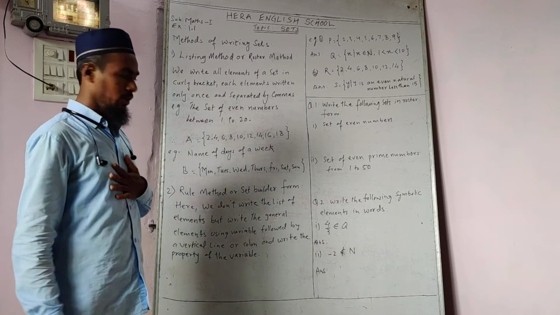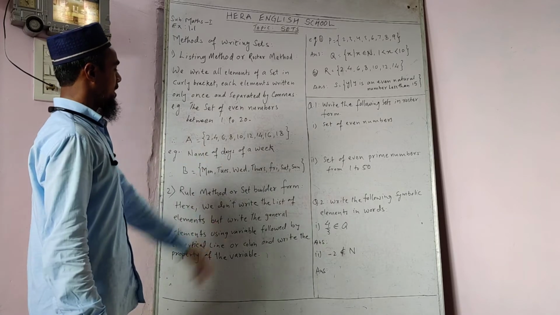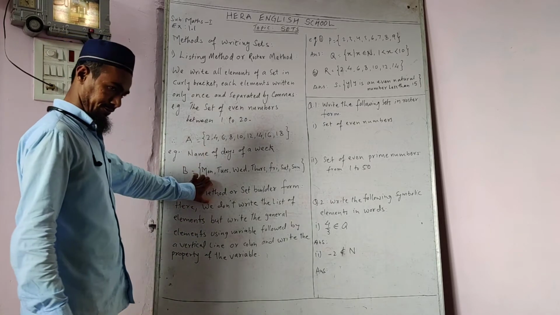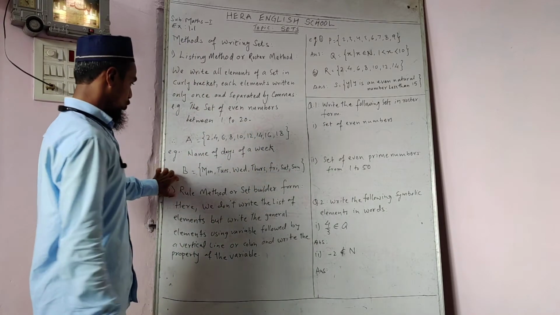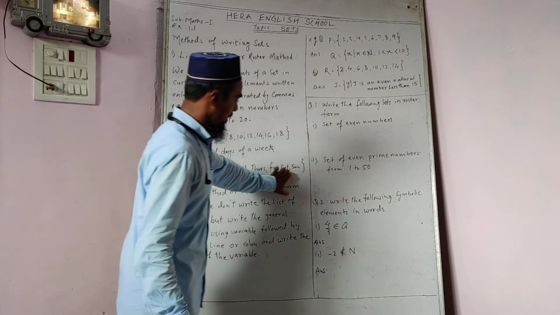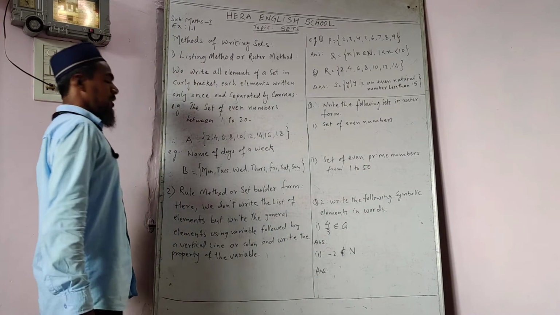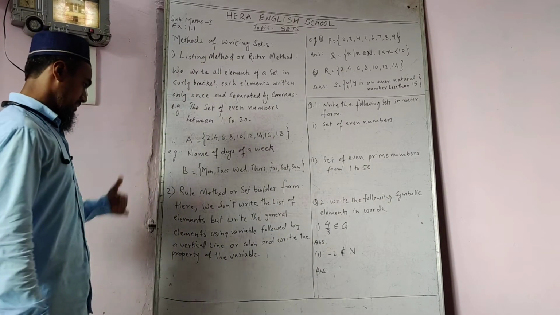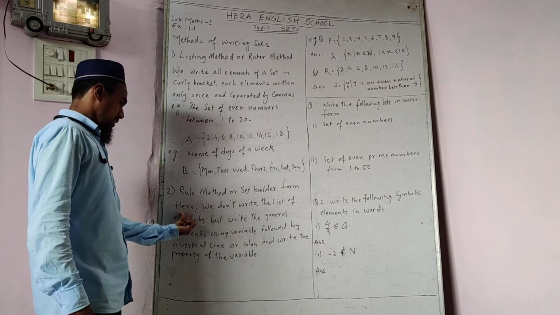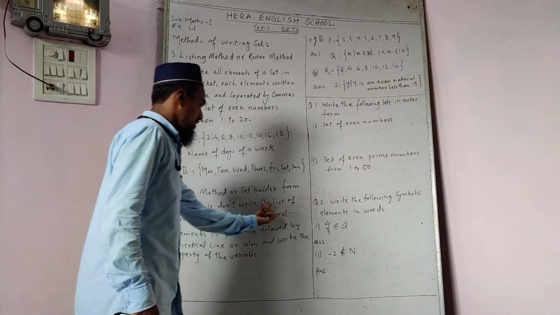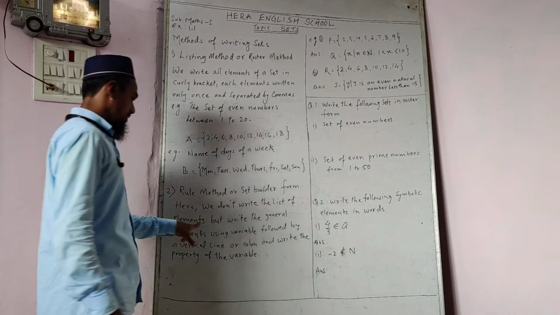You got everything? Okay. Now see the next method: the rule method or set builder form. Here is the definition. Here we don't write the list of elements.